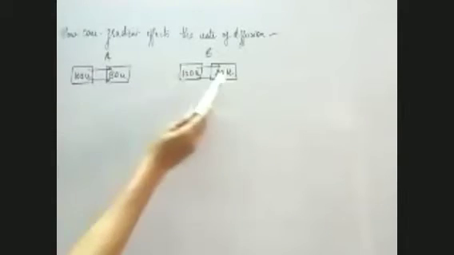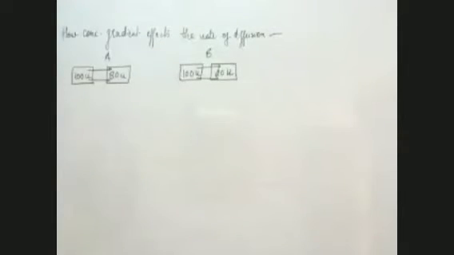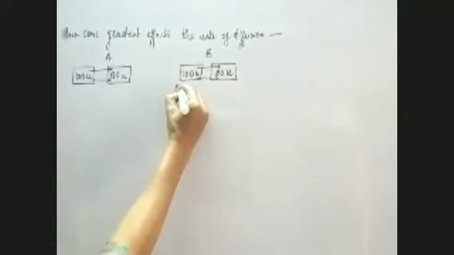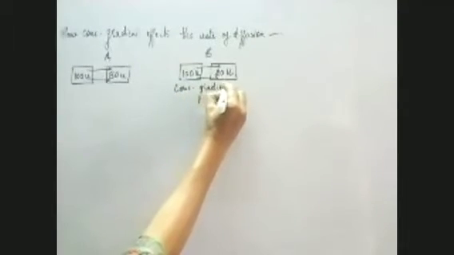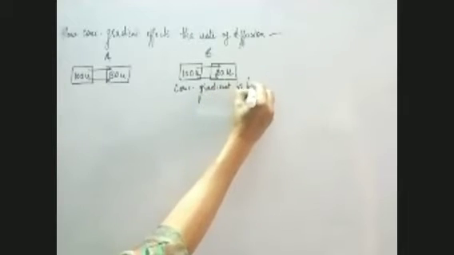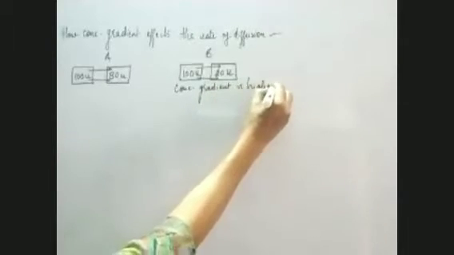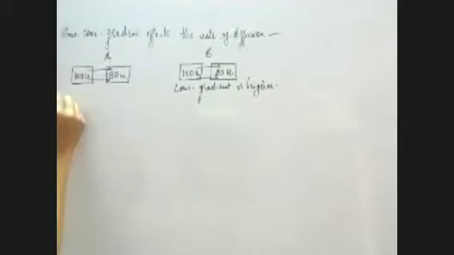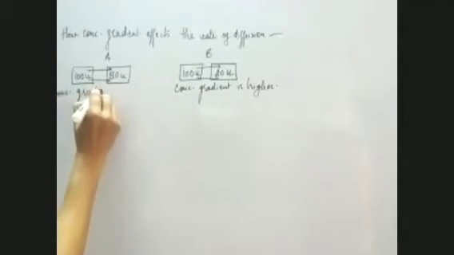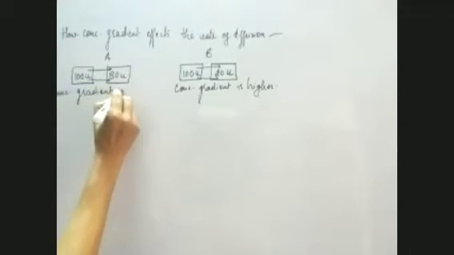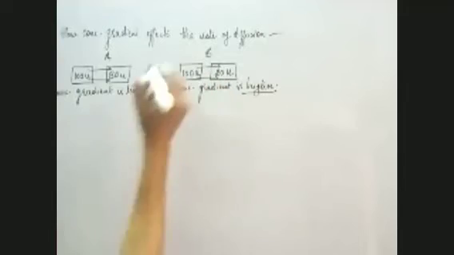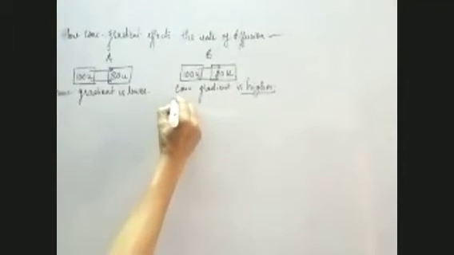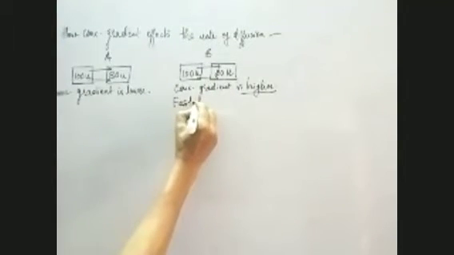Because the concentration gradient is higher here and lower here, where the concentration gradient is higher, there the rate of diffusion will be faster.